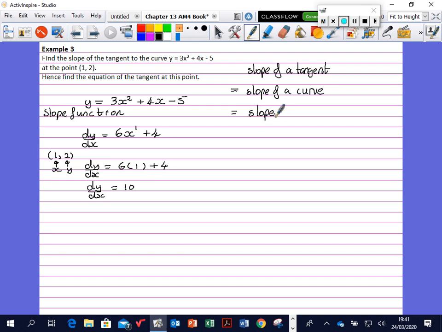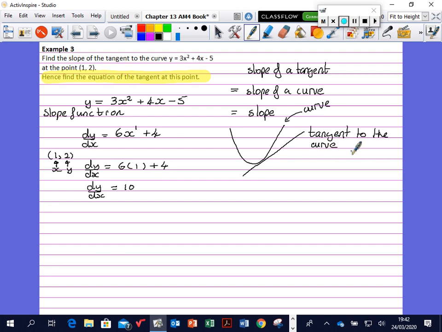Now, the second part of this problem, we were told, hence find the equation of a tangent at this point. Now, what I'm about to draw is a visual aid. It's purely a sketch. It's not meant to represent what was happening up above. This is the original curve, and this represents the tangent to the curve at the given point.